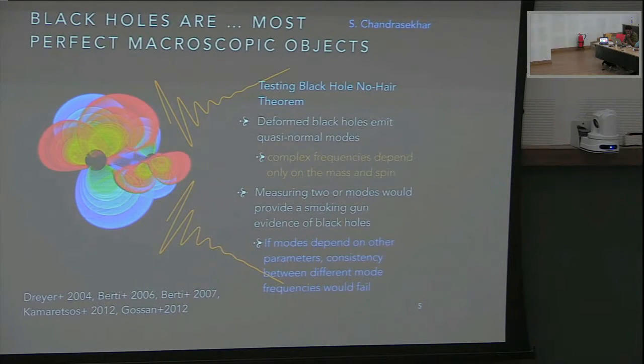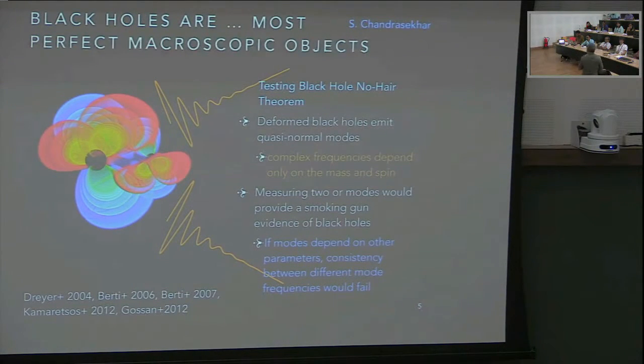Emanuele has been giving you lectures on the characteristics of these things. Perturbed black holes emit a spectrum of radiation, not just one frequency, but a multitude of frequencies. Which of those frequencies are excited depends on how the perturbation is caused. If you have coalescence of equal mass binary black holes with no spins, you get a bunch of frequencies, probably very boring, but that's what you get.